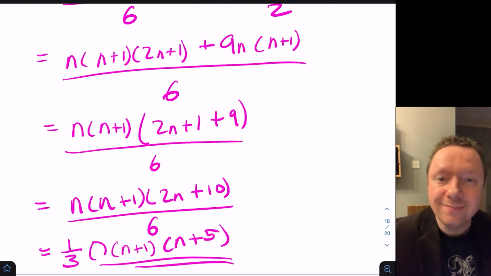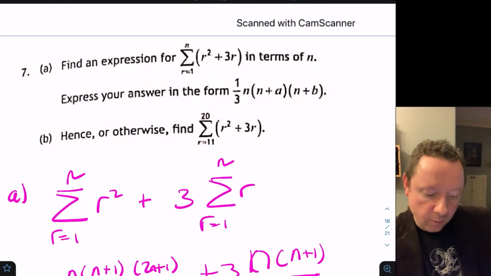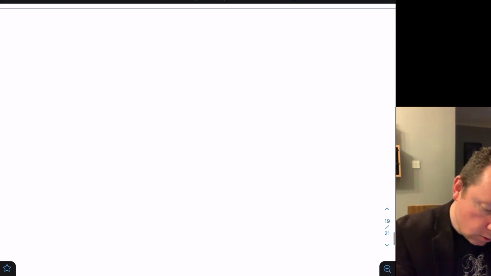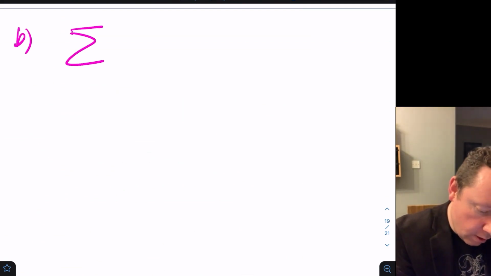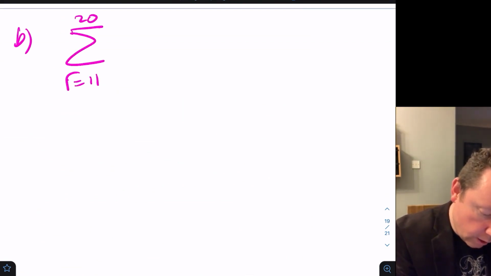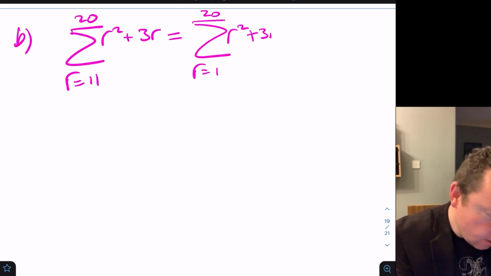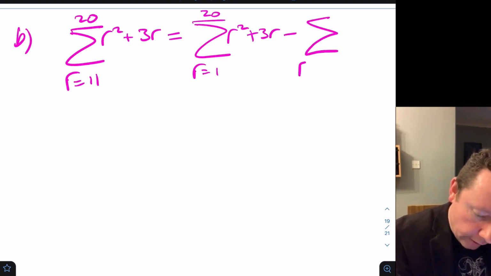And we're done there. Part B says, hence find the sum of r equals 11 to 20 of r squared plus 3r. So part B, the sum of r equals 11 to 20 of r squared plus 3r is equal to the sum of r equals 1 to 20 of r squared plus 3r, minus the sum of r equals 1 to 10 of r squared plus 3r.